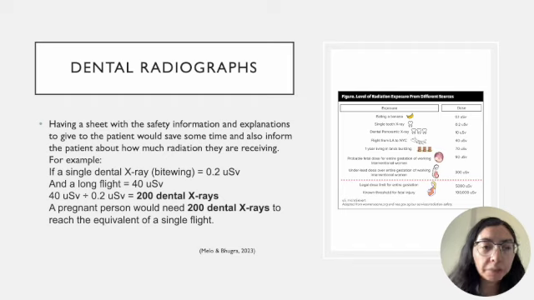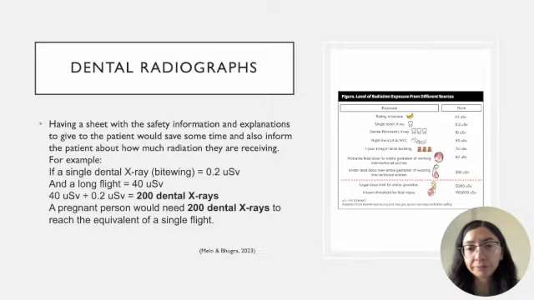So, for example, if a single dental x-ray is equal to 0.2 µSv and a long flight is 40 µSv, then a pregnant person will need 200 dental x-rays to reach the equivalent of a single flight.